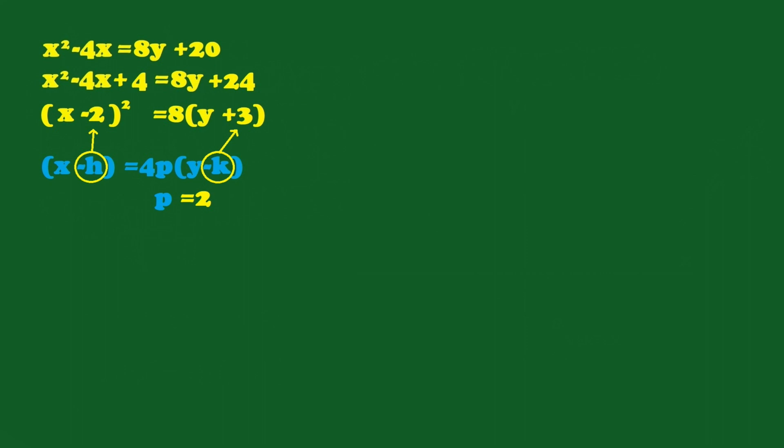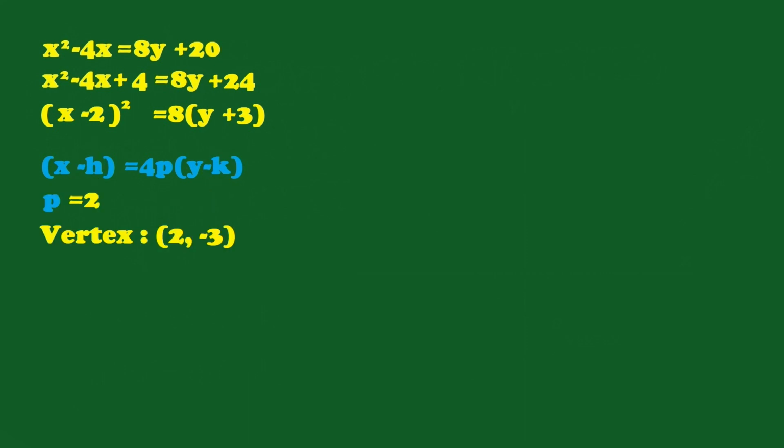We can now look for the coordinates of the vertex, which is represented by h and k, and according to our last equation, h is 2, and k is -3. We now have the vertex coordinate 2, -3. Maybe you can notice the sign, so why did -2 become +2, or +3 become -3?